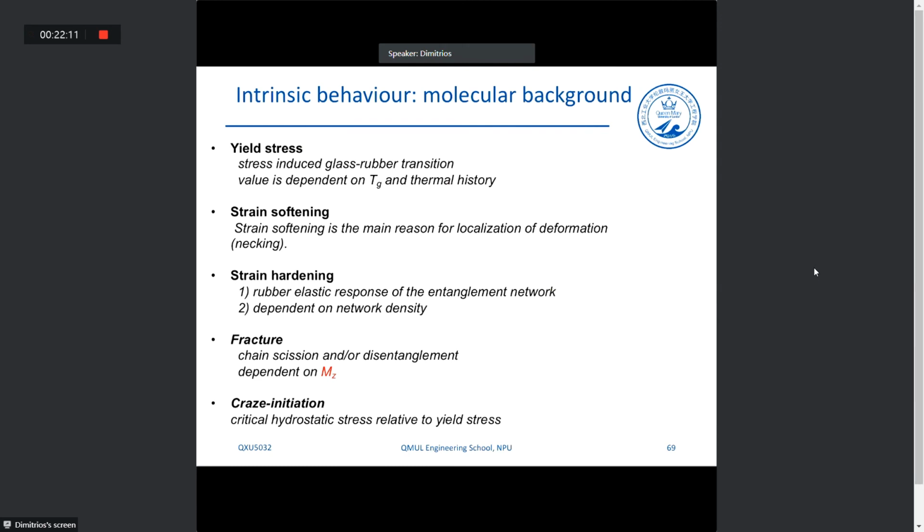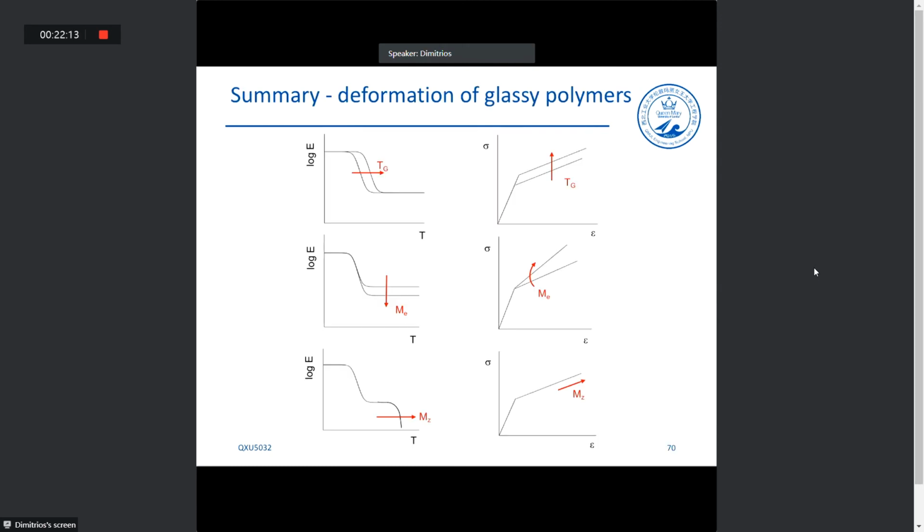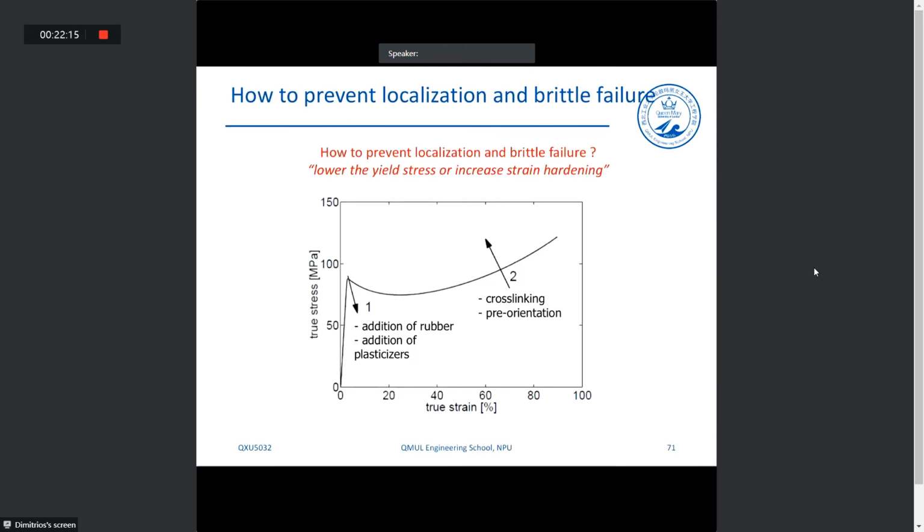Of course, now we can try to modify. As I told you, we generally try to mess up and play with the polymers in order to affect the properties, with a number of methods, and how to prevent strain localization. Strain localization is essentially crazing.